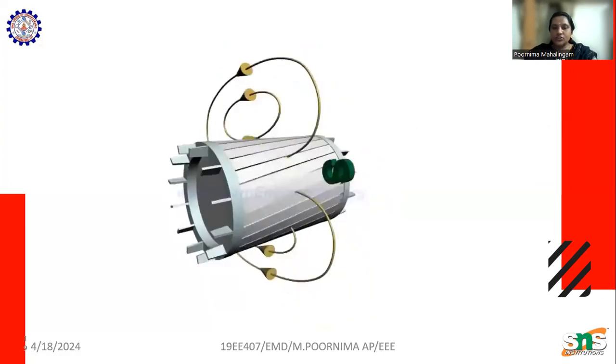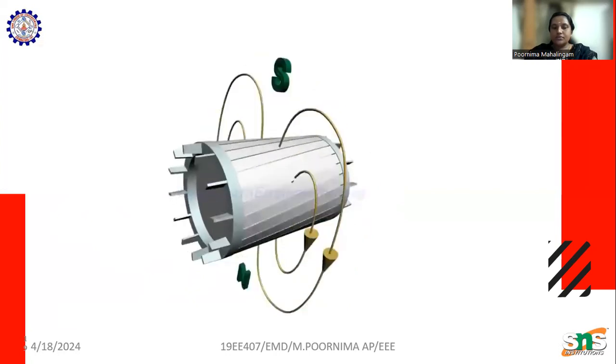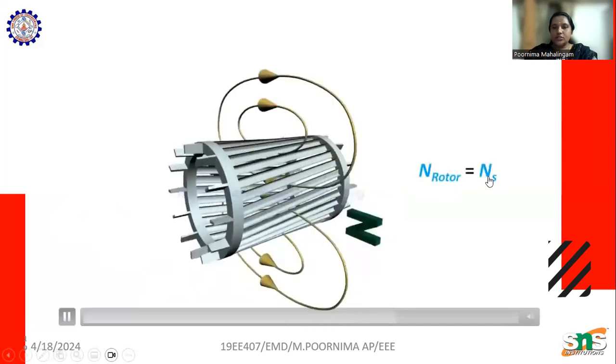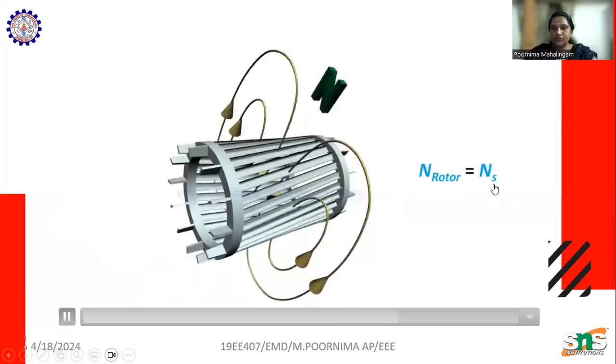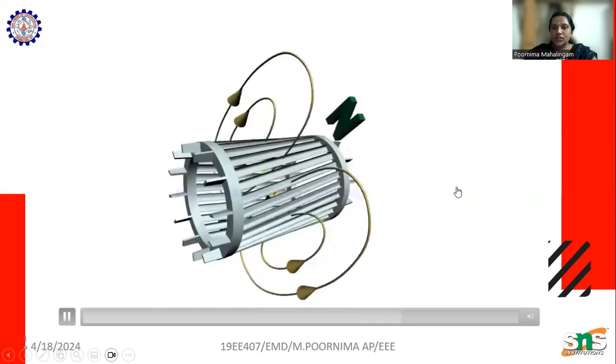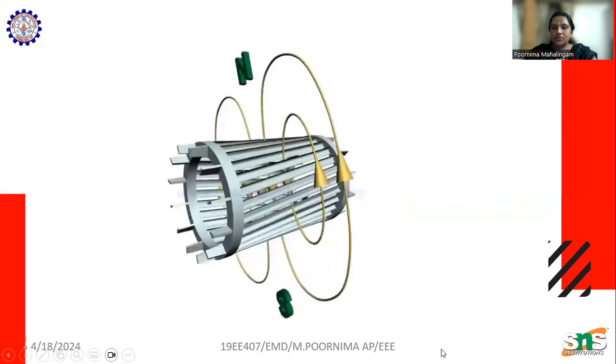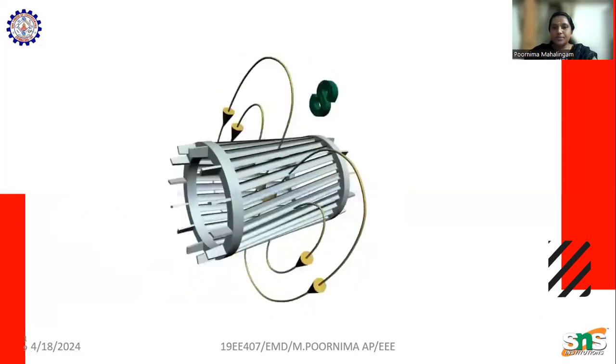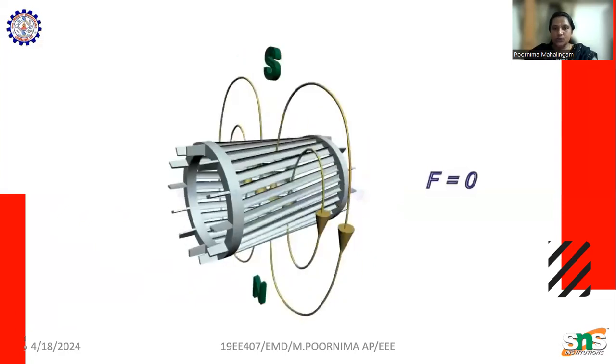The magnetic field in the rotor is rotating. If the rotor speed is the same as the magnetic field speed, we have a constant magnetic field, no EMF is induced, and the force is equal to 0.